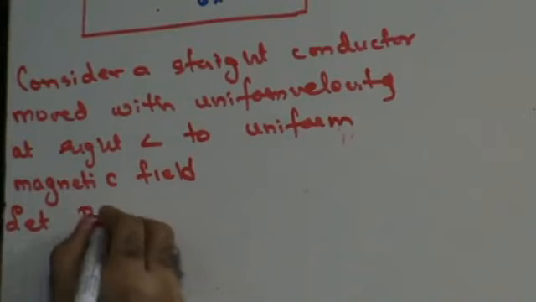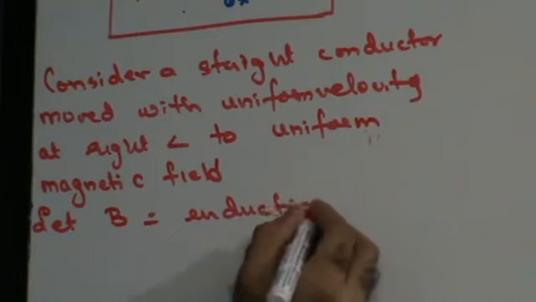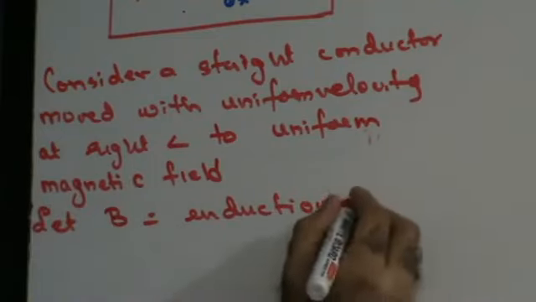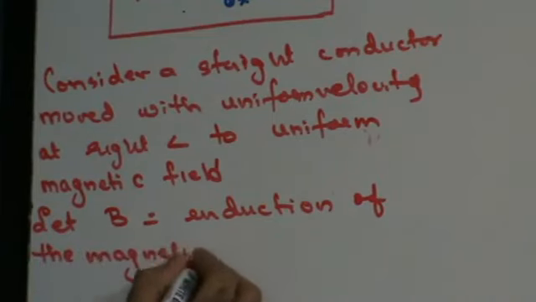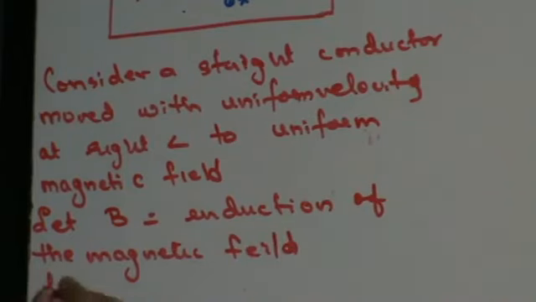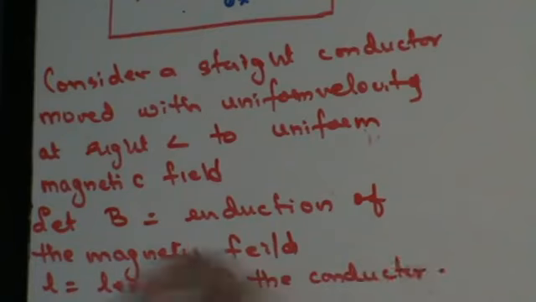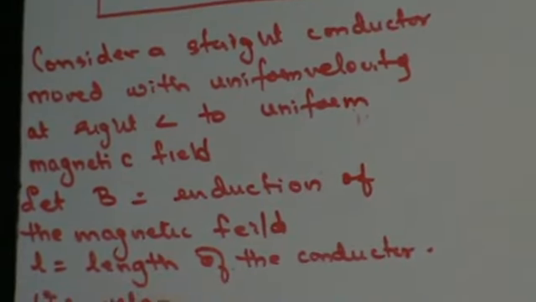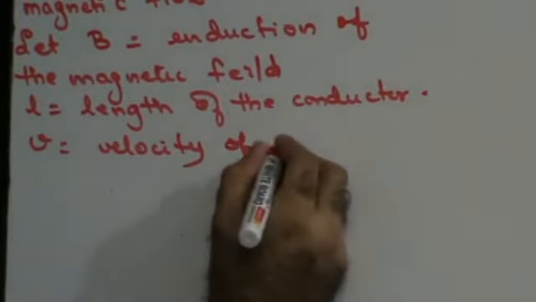Let B be the induction of the magnetic field. Let's also assume that L is the length of the conductor, and V is the velocity with which it is moved, velocity of conductor.